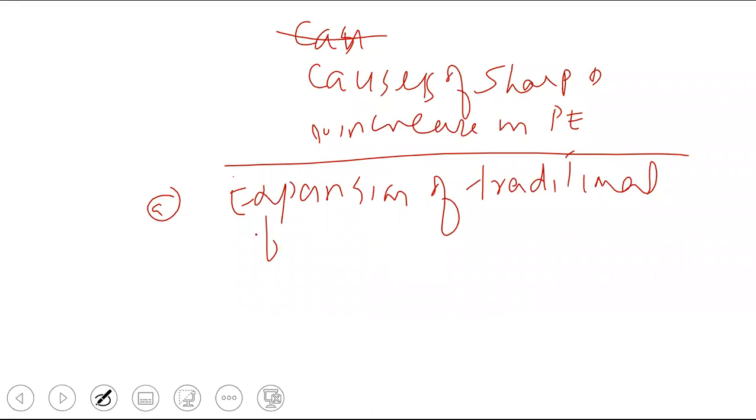Two days before, while we were explaining, I told you, earlier days, the role of government was that of a policeman. But in modern times, the role of government is not that of a policeman. Role of government is that of a welfare state. So modern states are welfare states.